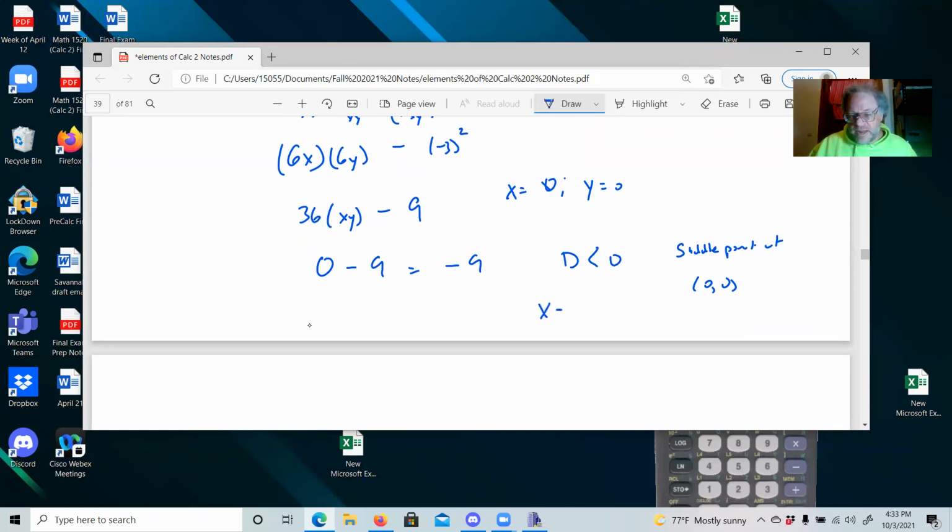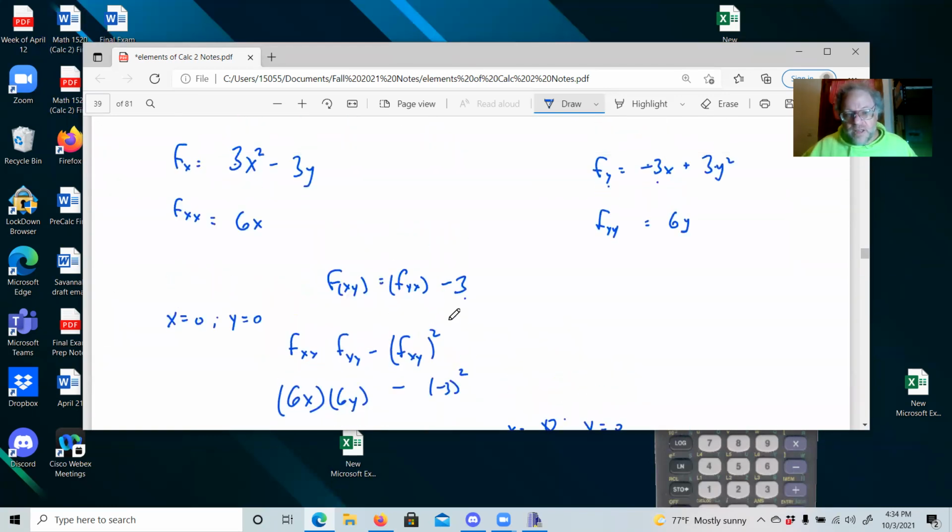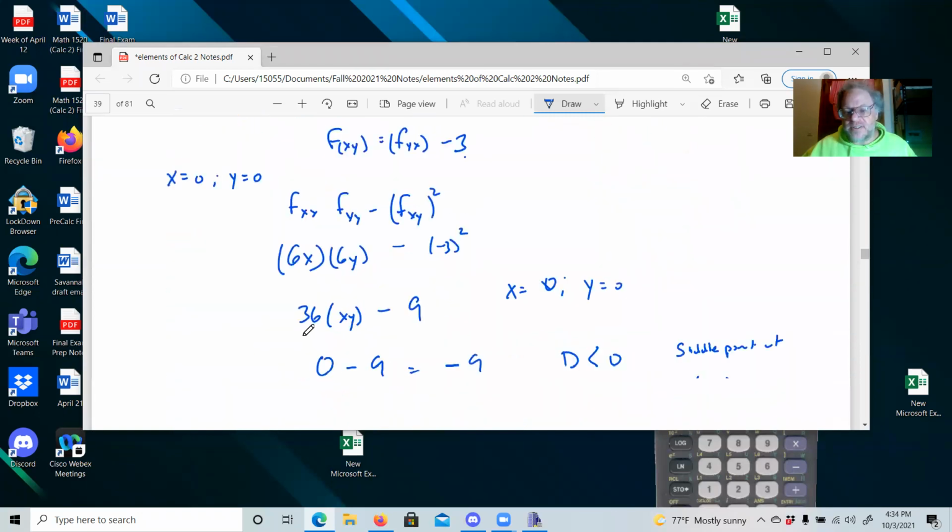Okay, what about the other one? We also have a point at x equals 1, y equals 1. So that's where we're going to have 6 times 1 times 6 times 1 minus 9. 36 minus 9 is a positive number. Now we have to check, what is f_xx at x equals 1, y equals 1? f_xx is 6x.